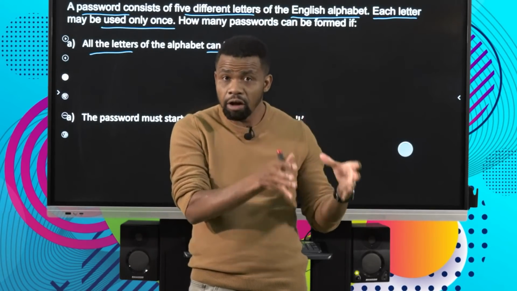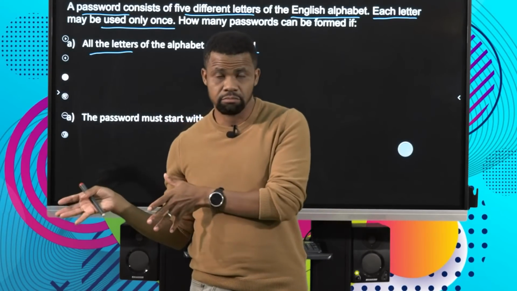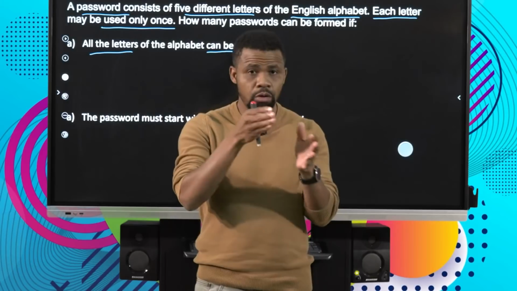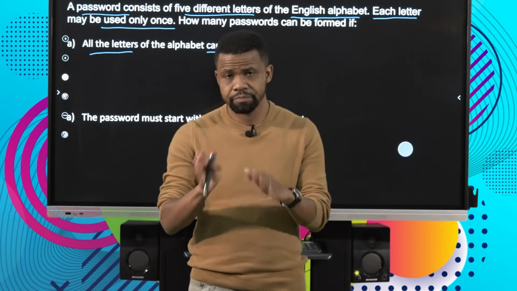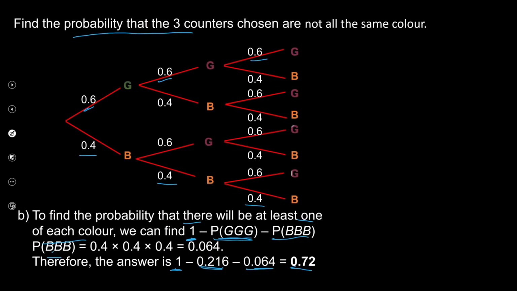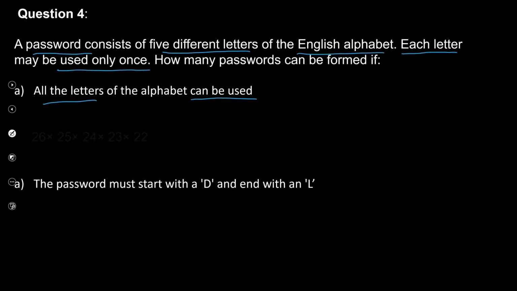So this is counting without repetition, because I cannot use the letter I've used in the first position or the one I've used in the second, and so on. So what does this look like? For the first position, we have 26 letters we can use. But we have already used one letter there, so we only have 25 to use, because we cannot repeat. We can only use a letter once.